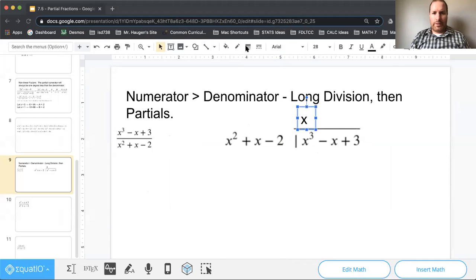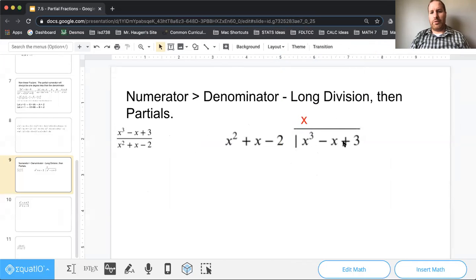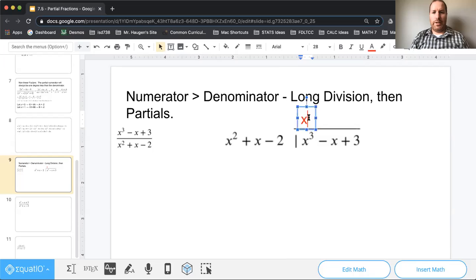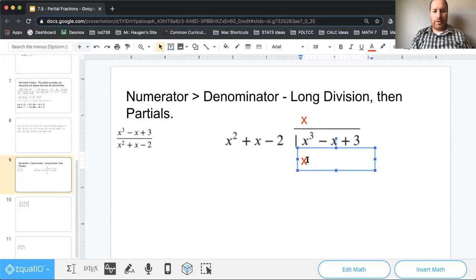Let's make it red to start with. We're going to multiply this red x times this one here. So x times x squared is x cubed, x times x is plus x squared, and x times negative 2 is minus 2x, right? So that's when we multiply the red stuff.